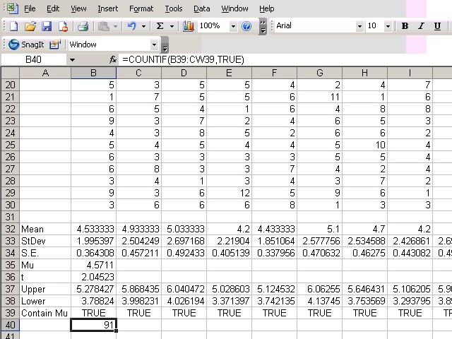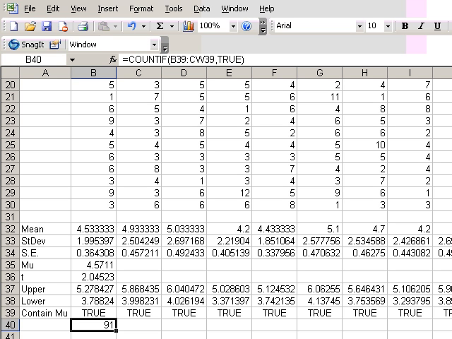This is what is meant by 95% confidence limits. The 91 is 91% of the 100 samples. Ideally, it would be 95%. Why is it not 95%? Because we don't have all possible samples of size 30 that we could take from the population.